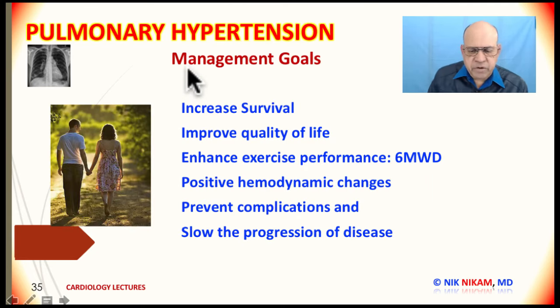The main goals in the management of patients with pulmonary arterial hypertension include increase in survival, improve quality of life, enhance exercise performance, which is measured by 6-minute walking distance, positive hemodynamic changes, as we talked about in right heart catheterization, prevent complications, and finally slow the progression of disease, especially in the pulmonary arterial bed.